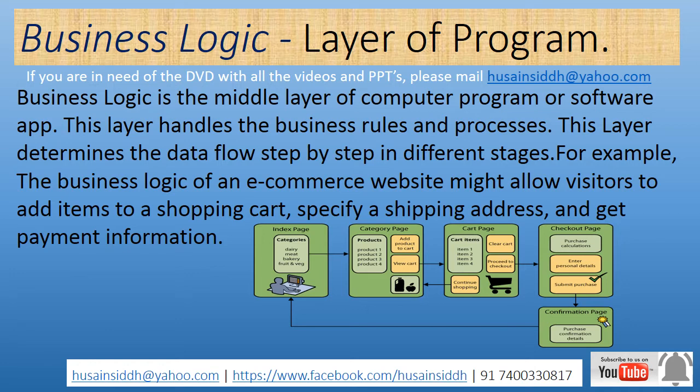First, adding products to a shopping cart. Second, the shipping address of a shopping cart, and third, getting payment information of the shopping cart. Three different steps, that is adding products to a shopping cart, shipping address, and payment information. They are the business rules and business processes.